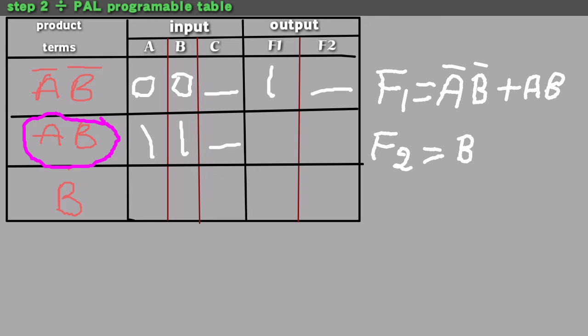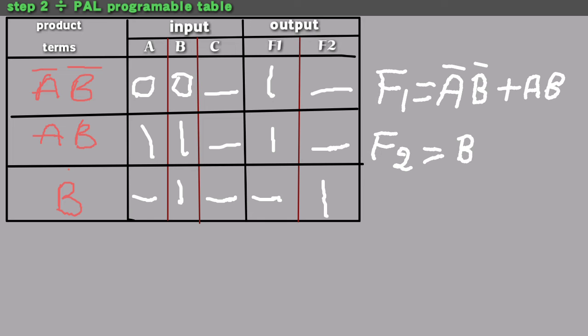The AB product term is only in F1, so we write on the output side 1 and dash. The last one is B. On the input side only B is given, so we write dash 1 dash, and the B product term is only in F2, so we write dash and 1. This is the step 2 PAL program table.